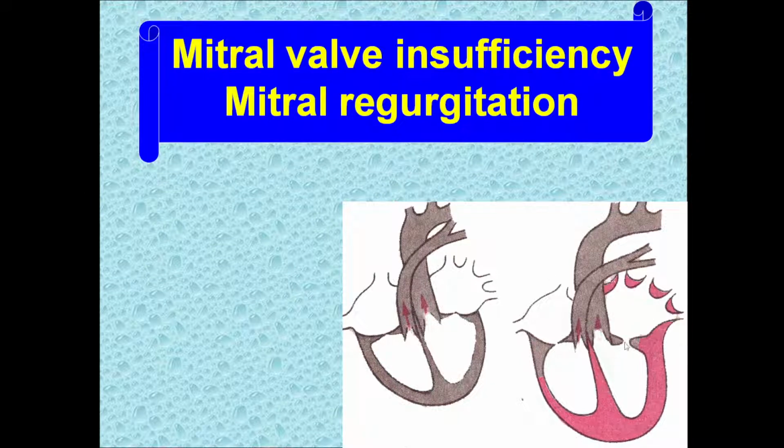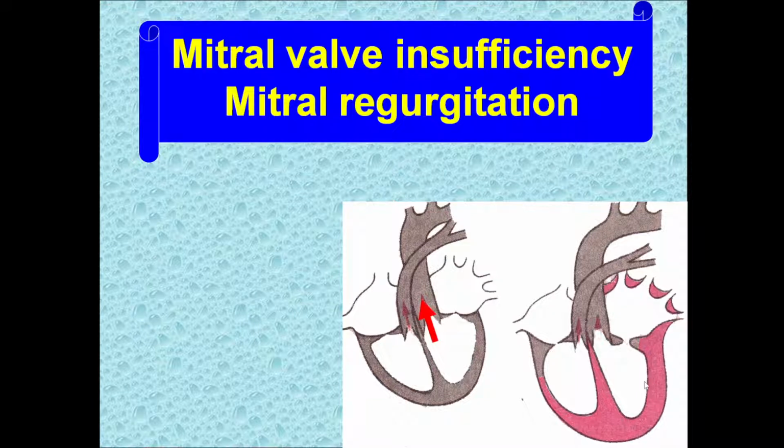Due to contraction of the ventricle, along with ejection of blood into the aorta, blood comes back into the left atrium.